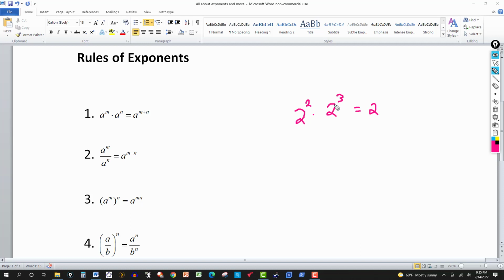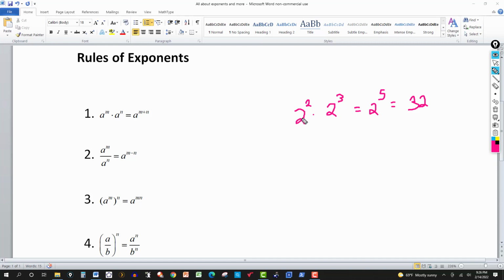If I look at 2 to the 3rd, that means 3 factors of 2. So I got 2 factors of 2 here, 3 factors of 2 here, altogether I have 5. So 2 to the 2nd times 2 to the 3rd is 2 to the 5th. And if I multiply out 5 factors of 2, that would give me 32.